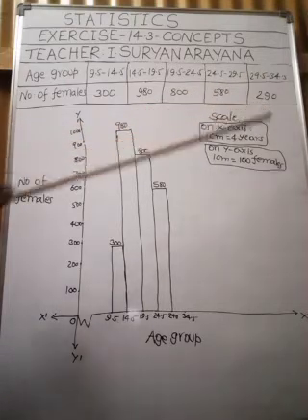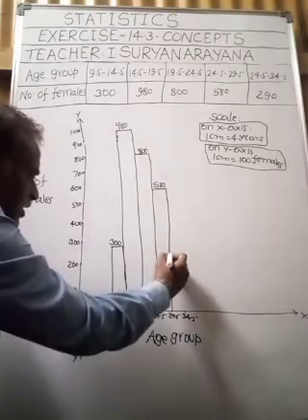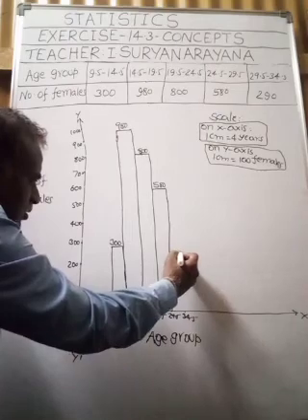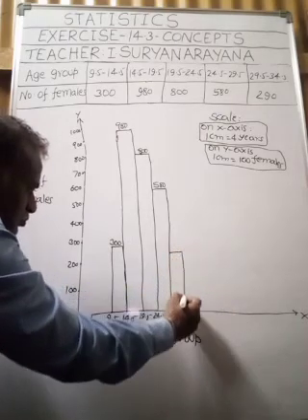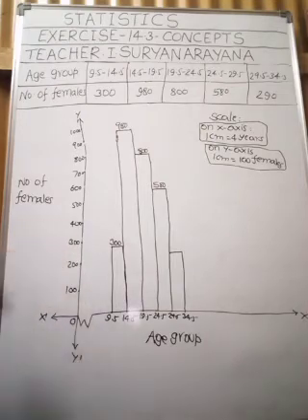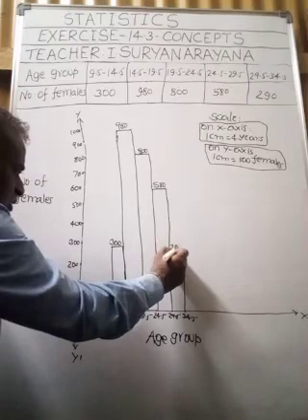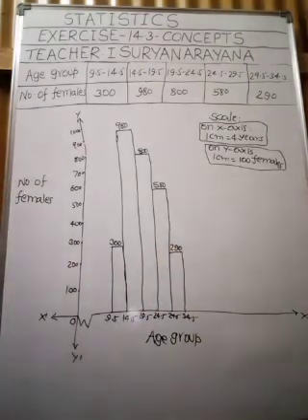How many females? 290. So it lies between 200 and 300, nearest to 300. 2.9 centimeters on the y-axis. Understood this rectangle, my children? Right. This is the histogram of the given frequency distribution. Understood, my children?